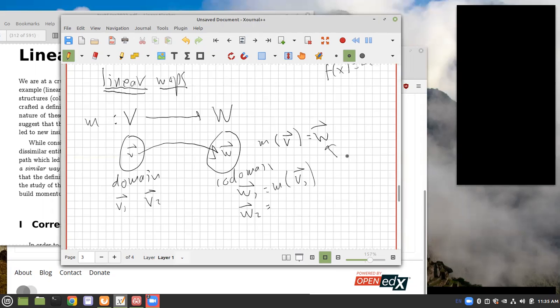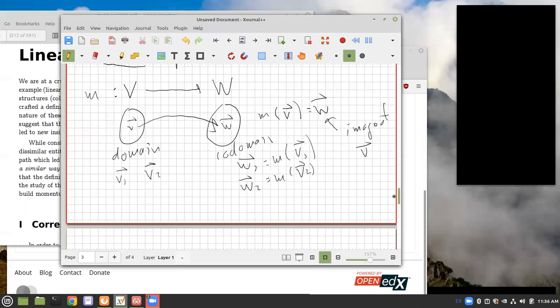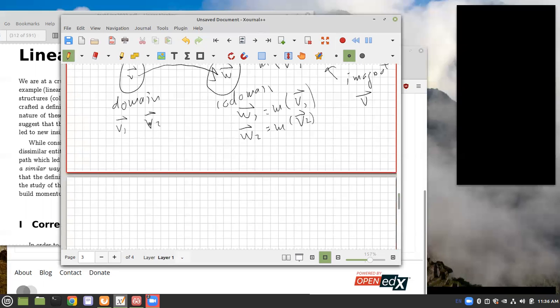We also say this is the image of V. So you can say that the image of V is W, meaning the map assigns the partner of V as W. So if I have a V1 here, there's going to be a W1 that's the image of V1, and there's going to be a W2 that's the image of V2.